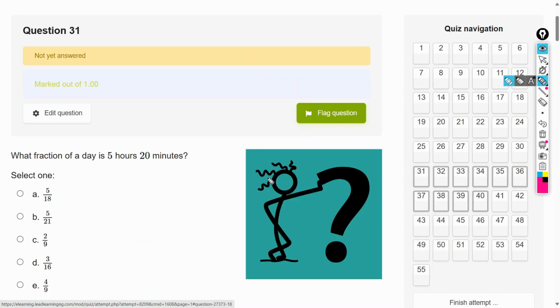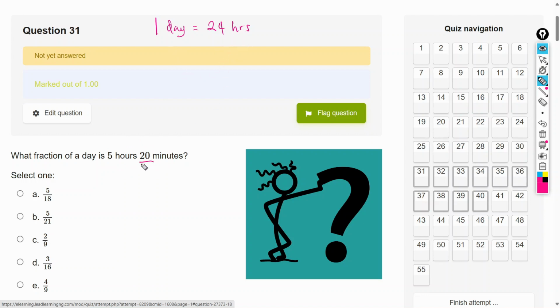What fraction of a day is 5 hours, 20 minutes? Remember that one day is equal to 24 hours. So we want to figure out what fraction 5 hours, 20 minutes will make.